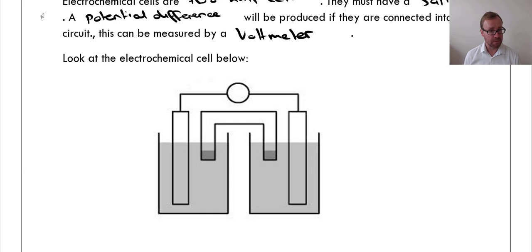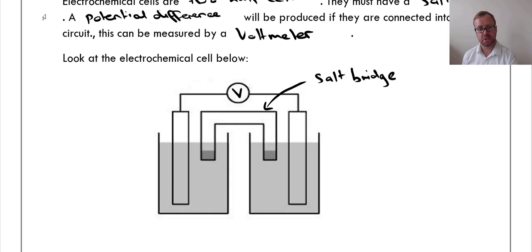So we need to add some labels to this. Up here, this is our voltmeter. This is our salt bridge. This is a zinc electrode.